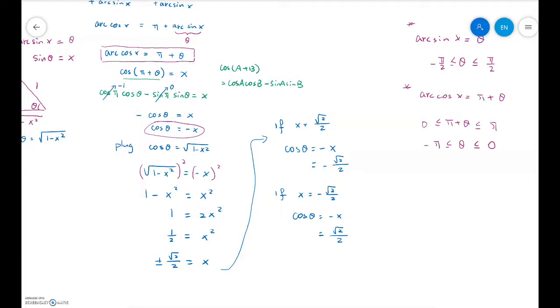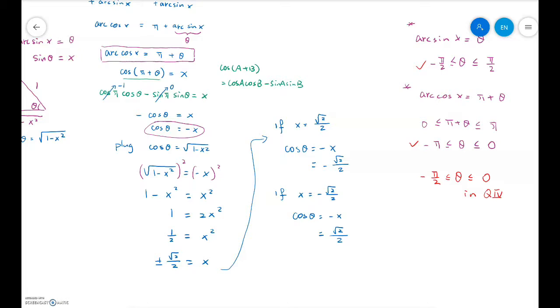Combining both inequalities, what I know is they overlap from negative pi over 2 to 0. So this is the range where my theta has to lie, in quadrant 4, in order to make sure both inverse functions, arc sine and arc cosine, follow their proper range restrictions.